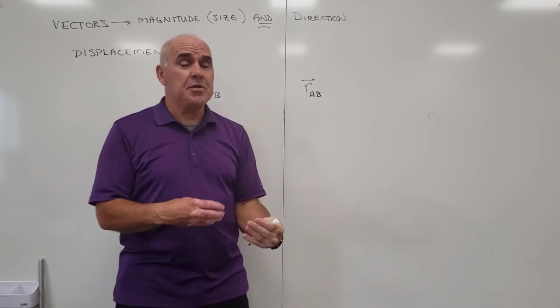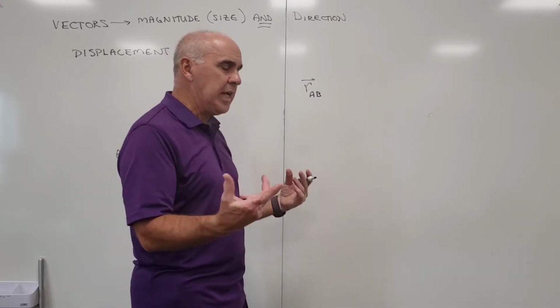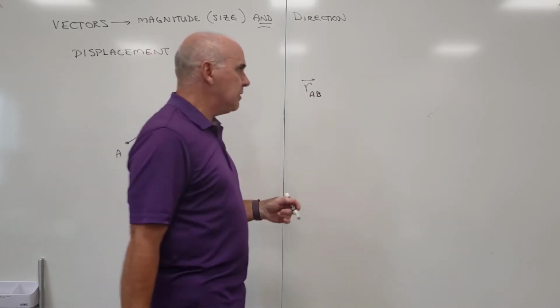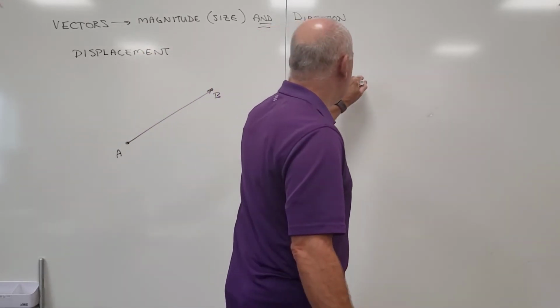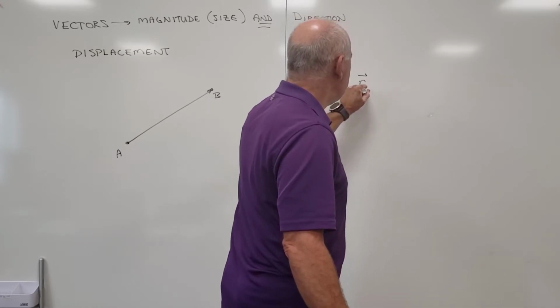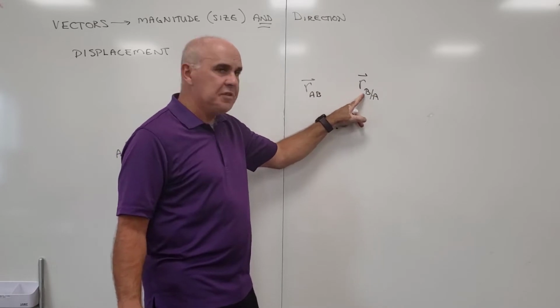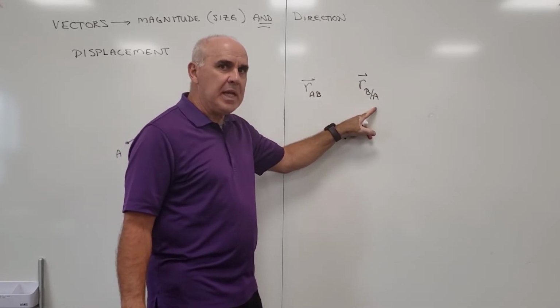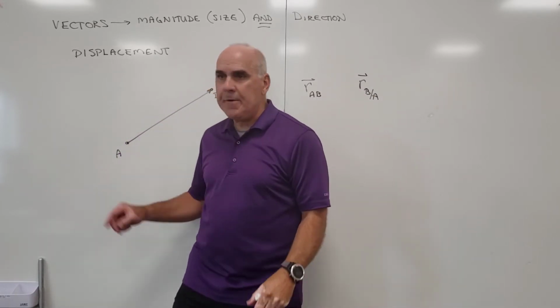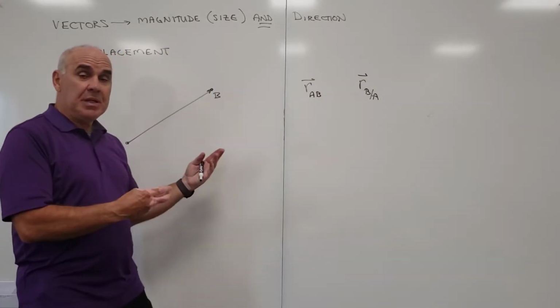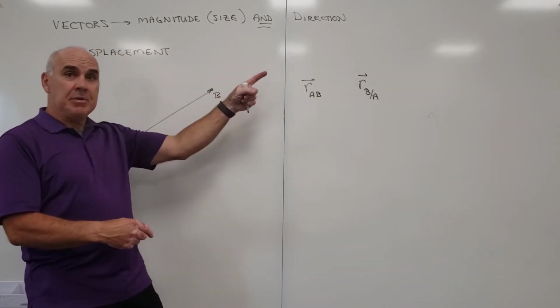There are, again, other designations. I'm just going to say this for now. We'll come back to it in later courses, actually. I might write this as R sub B slash A, and what that means is the position of B with respect to A. So if I'm at point A and I point to somebody at point B, that's the direction I'm going to point.